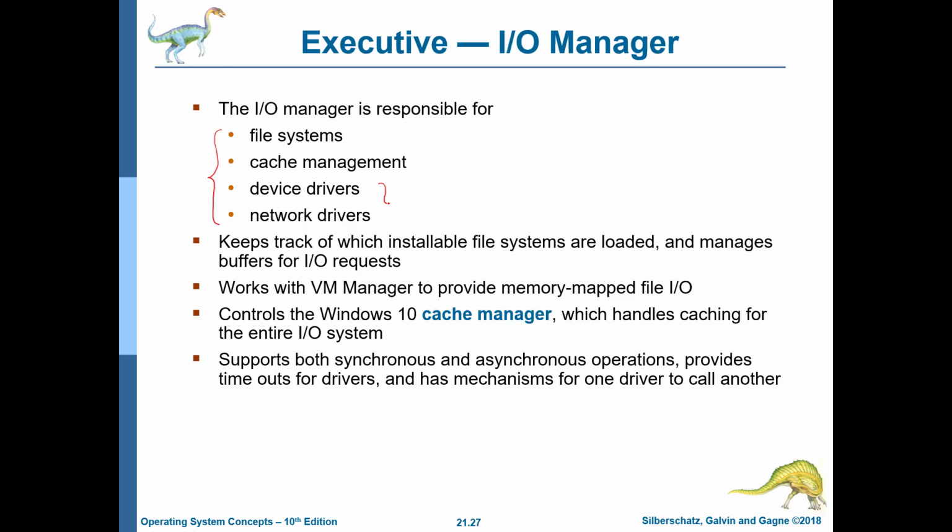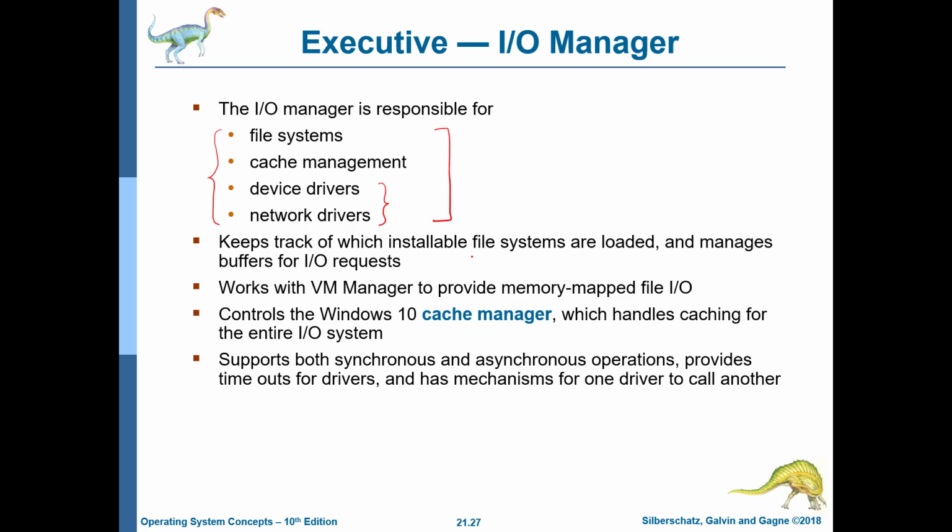Then we have network drivers, and device drivers. So these network and device drivers interact with IO, but entire IO, including files and file system caches, is all bundled together as one super unit in Windows 10. So this also additionally keeps track of which file systems are loaded, their mount points, and so on.